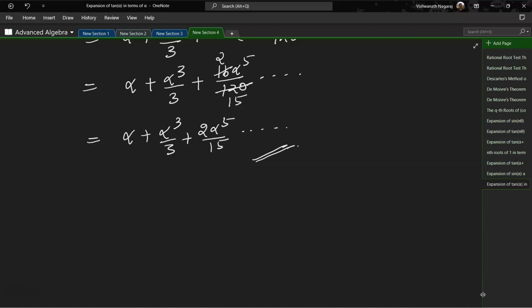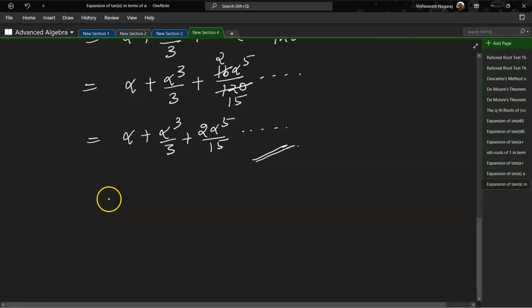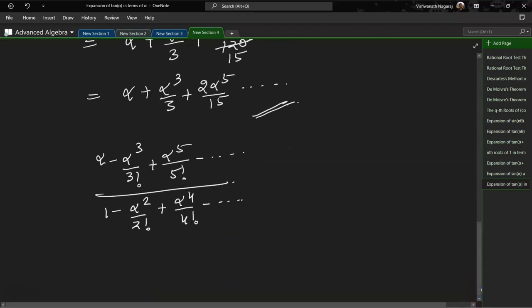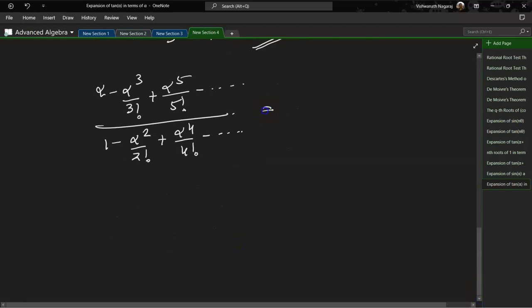So what we could have also done was, remember we had this division, alpha minus alpha cube by 3 factorial plus alpha 5 by 5 factorial minus dot dot dot divided by 1 minus alpha square by 2 factorial plus alpha 4 by 4 factorial dot dot dot. What we could have done was done the division normally what we would do.